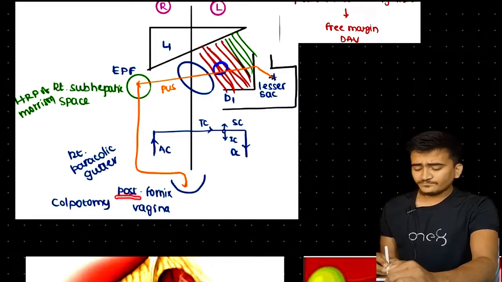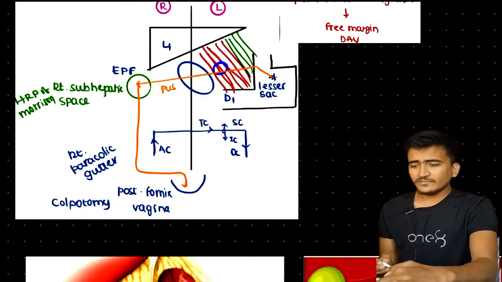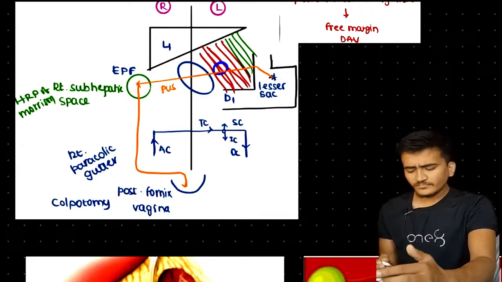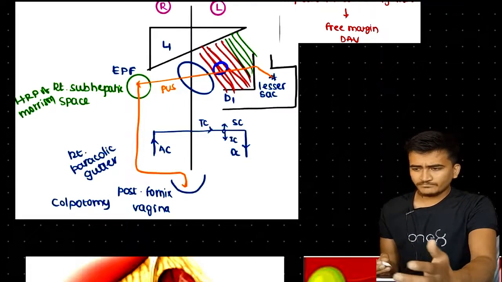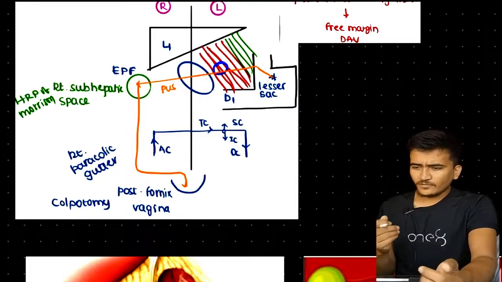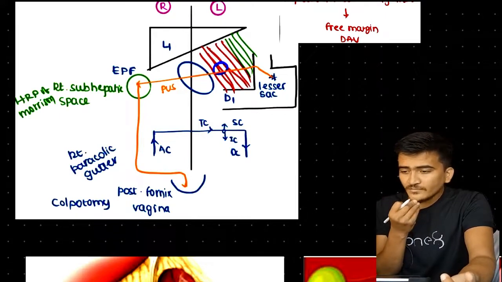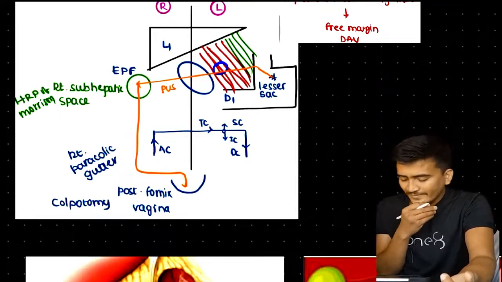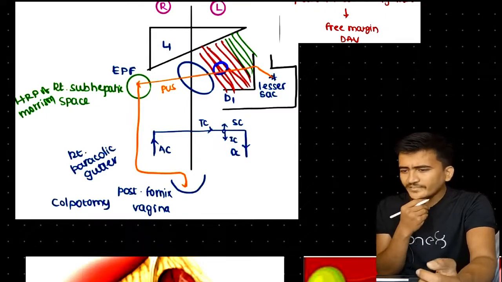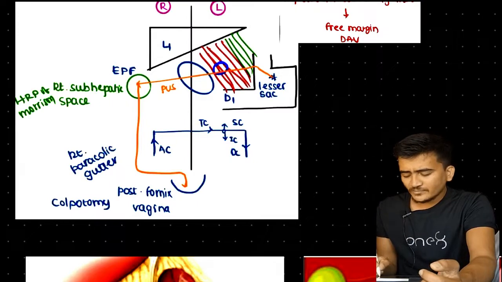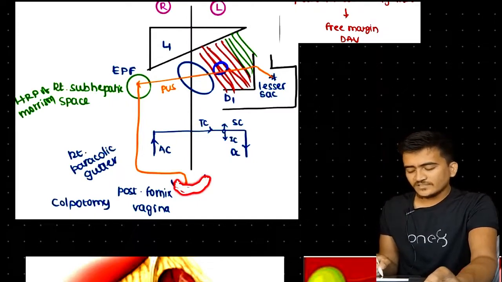And what is this? Removing our pelvic abscess by opening the posterior of the vagina, right? What is going on is we are removing a pelvic abscess. As we have said, it is removed transvaginally in the case of female.